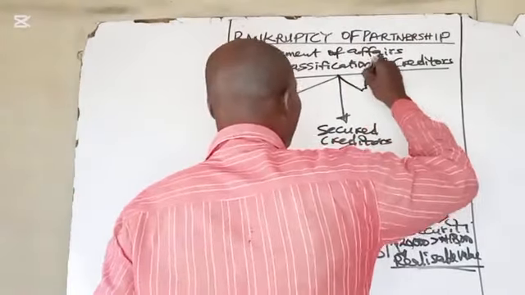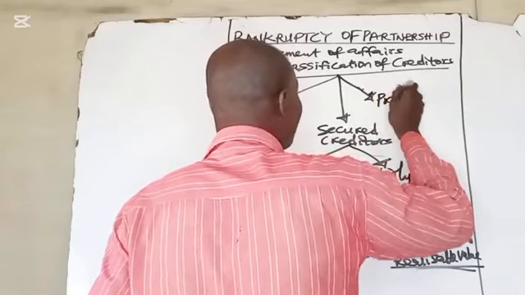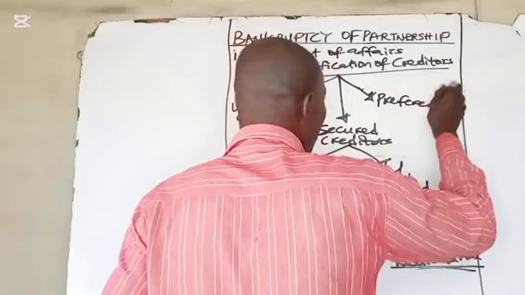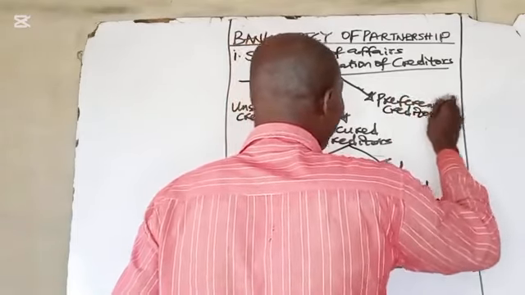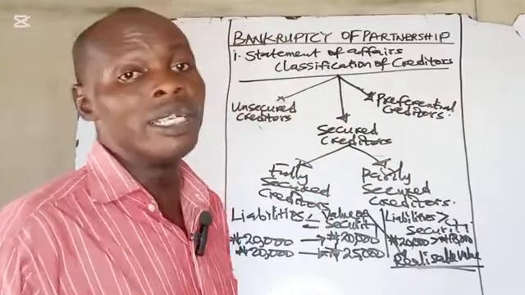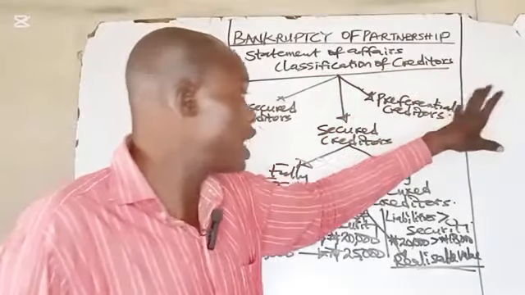Then, number 3, I have preferential creditors. A creditor is preferential when they will receive preferential claims over other classes of creditors.